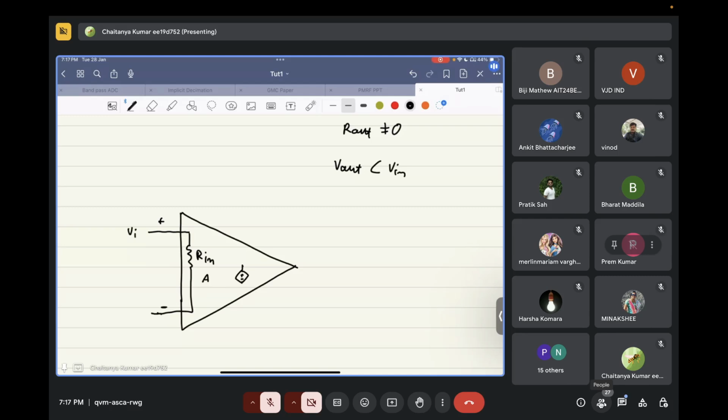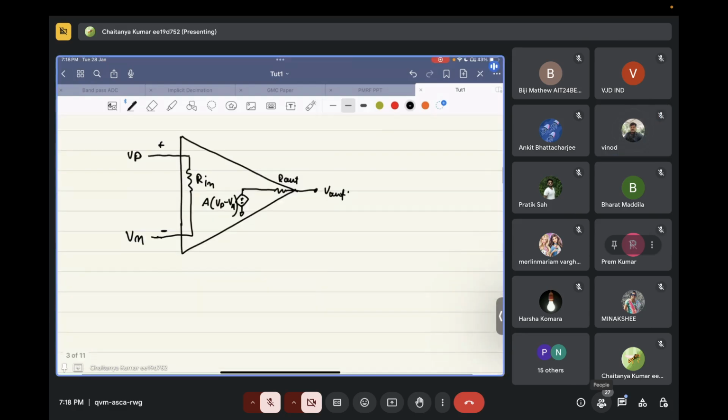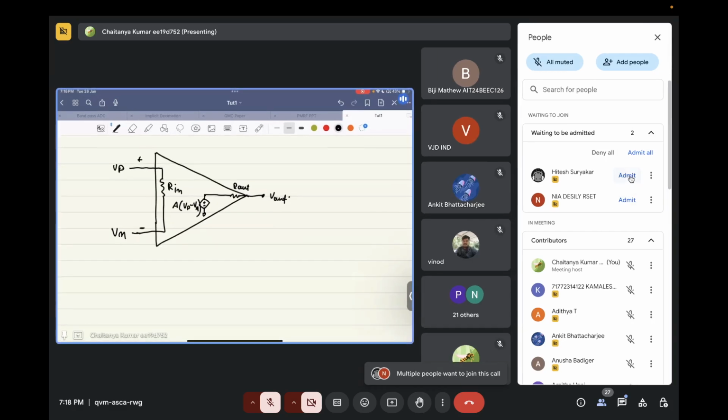This is Vp, this is Vm, and we have A times (Vp minus Vm), and this will be some R out. So this will be a non-ideal model for an op amp. Any doubt in this? Okay, so now in the non-ideal op amp, let's try to figure out what will be our gain if we are in unity feedback configuration.